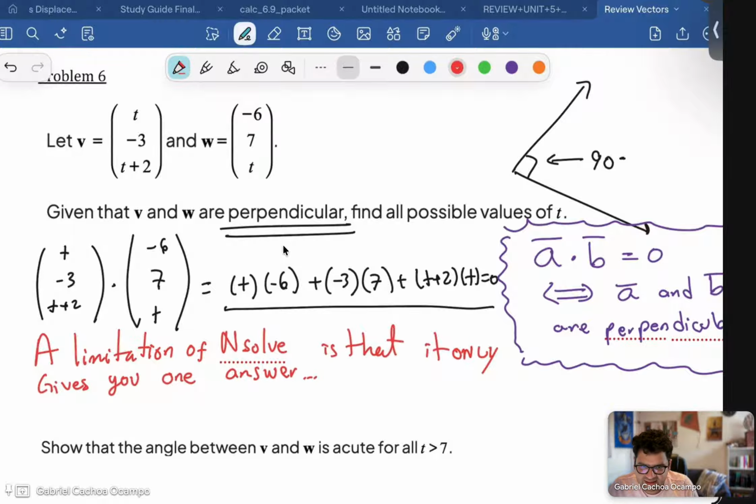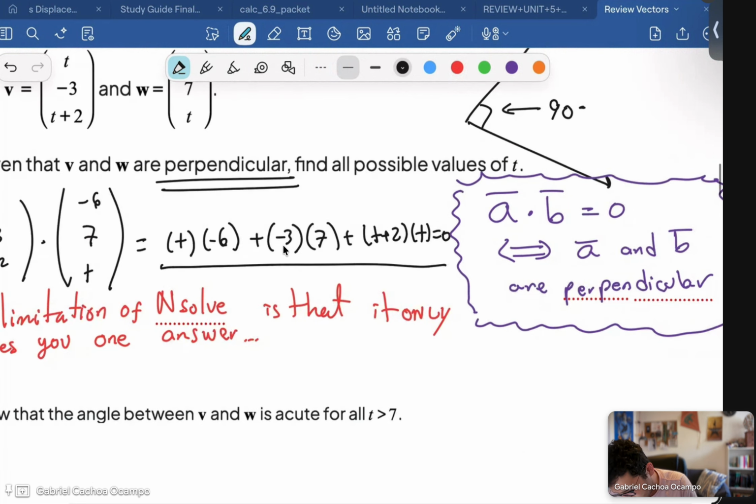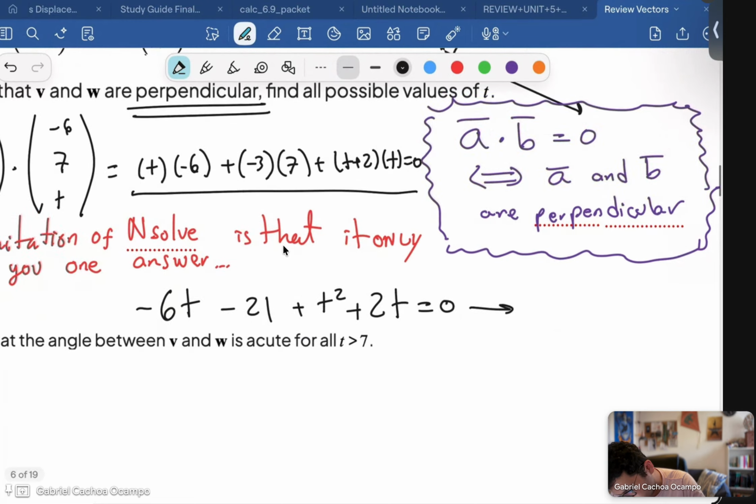Because this is a quadratic, I'm just going to write it down, no? Let us solve it by hand. Let us actually solve an equation. Don't be a crybaby. Sorry that I am calling you crybabies. Negative 6t minus 21 plus t squared plus 2t equals 0. This is a quadratic, so it actually has two solutions, no?